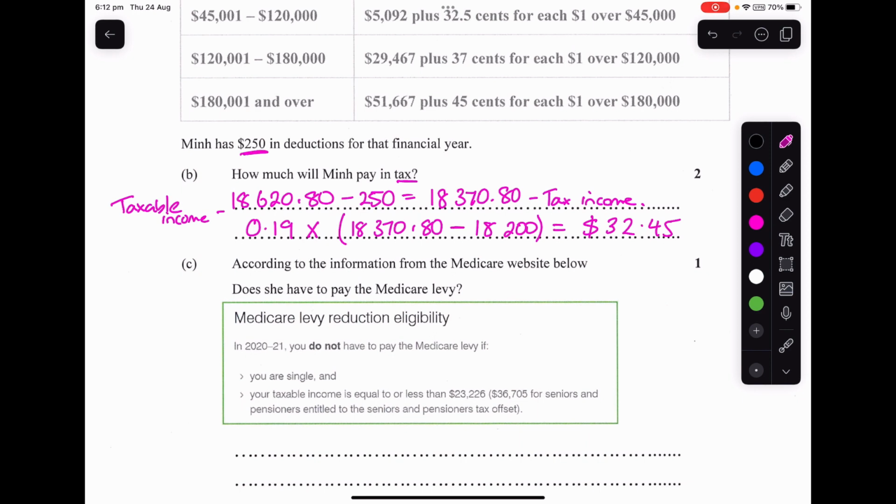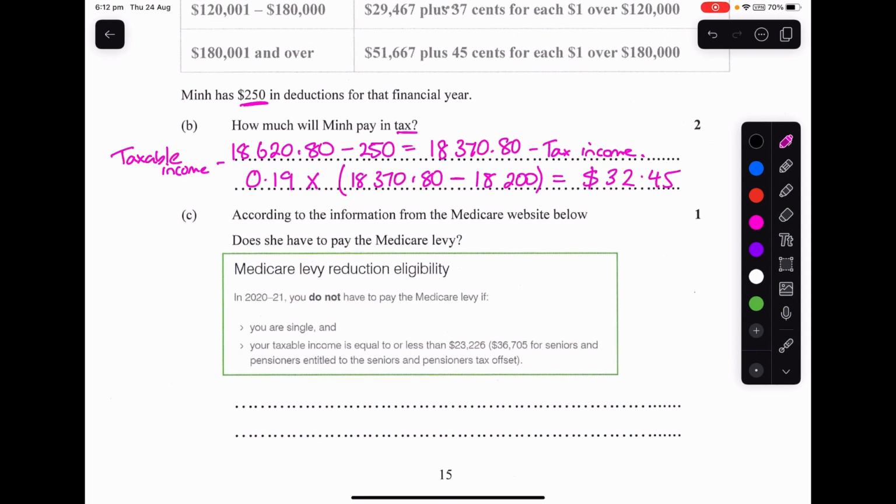According to the information from the Medicare website below, does she have to pay the Medicare levy? Well, it says here, in 2020-2021, you do not have to pay the Medicare levy if you are single and your taxable income is equal to or less than $23,226.